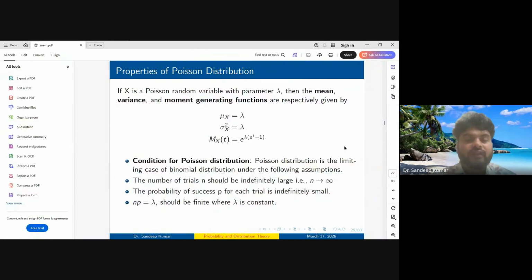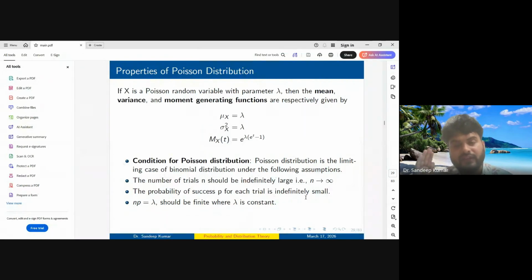Conditions for the Poisson distribution. The Poisson distribution is the limiting case of the binomial distribution under the following assumptions. Three conditions: the number of trials n should be indefinitely large, n tends to infinity, and the probability of success p for each trial is indefinitely small.